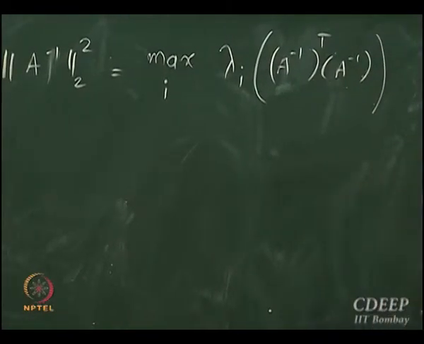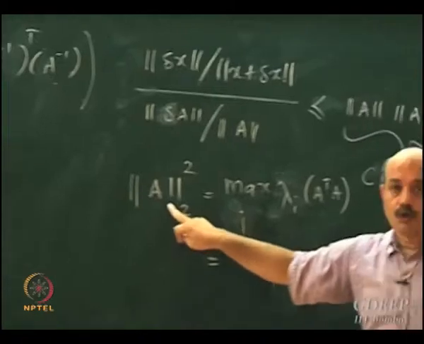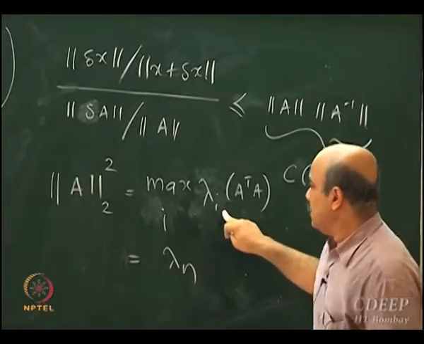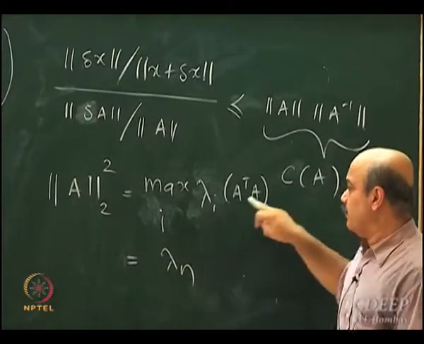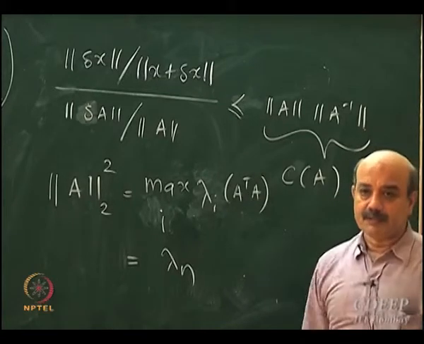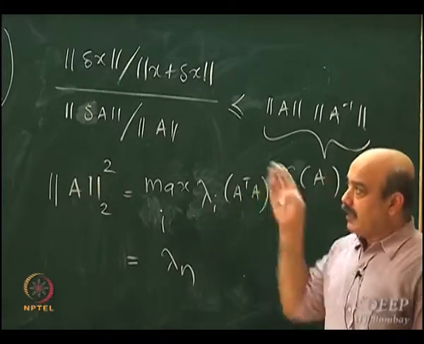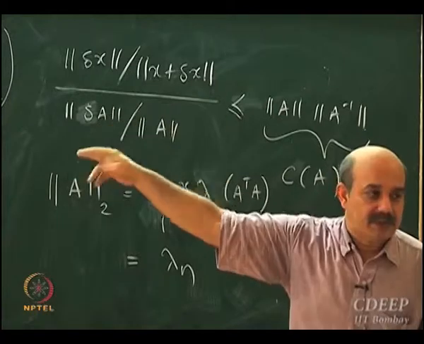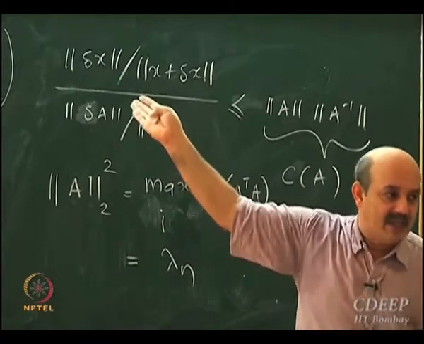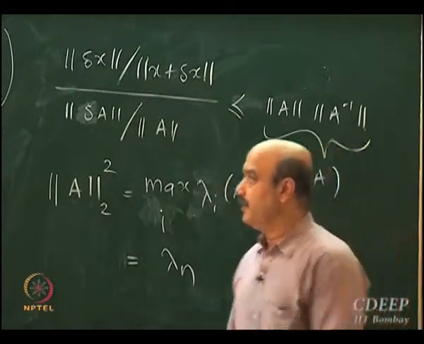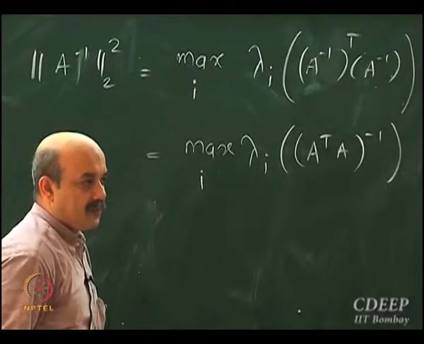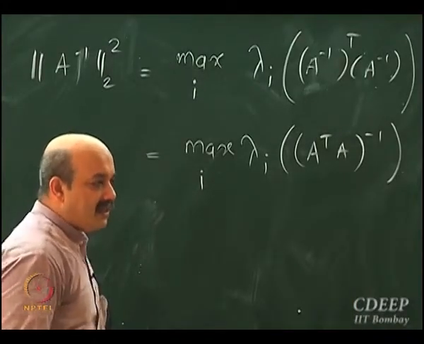See what was here: 2 norm of A is maximum magnitude eigenvalue of A transpose A. In this case we are talking about A inverse, so A inverse transpose A inverse. I am just combining and saying this.